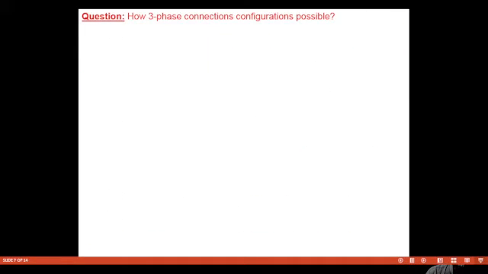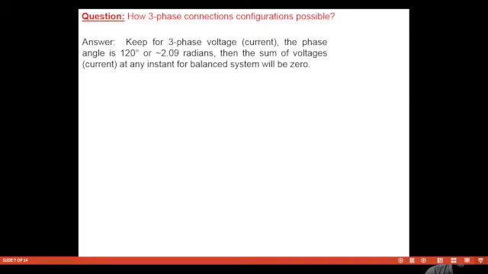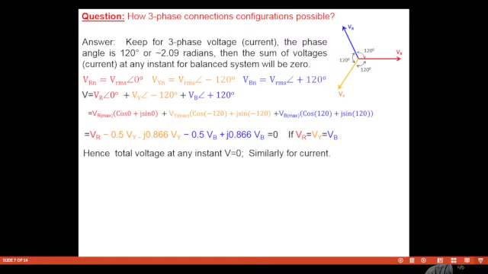Now the next question is, how is the three-phase configuration possible? If we keep them 120 degrees electrical apart, you can look at the mathematics of it. If we further expand the equations, the total sum of the three will be equal to 0, provided they have the same magnitude.